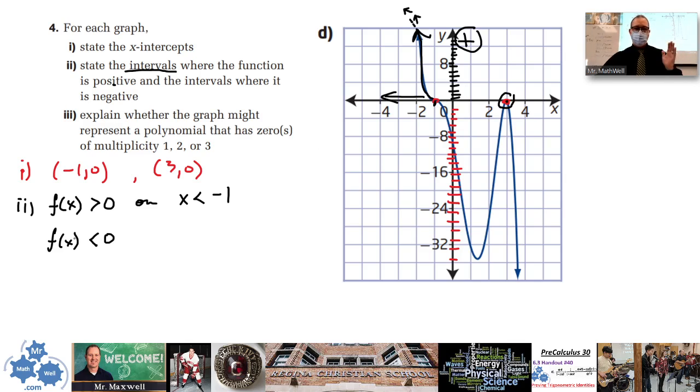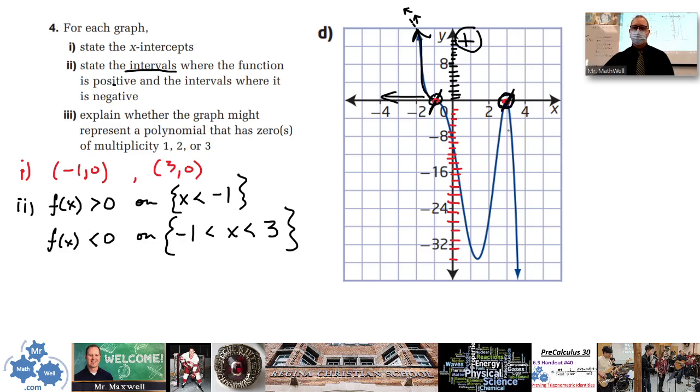So f of x is negative on, and now we have to say between two values. Let's say from negative 1 less than x less than 3. You could put these inside braces, which is a good idea because we're talking about a domain. So you see it's between here and here, not including this point and not including this point.